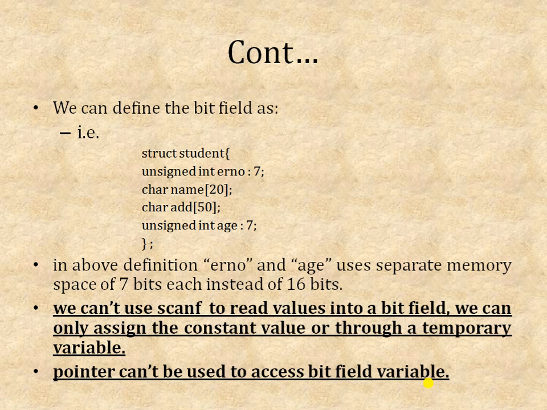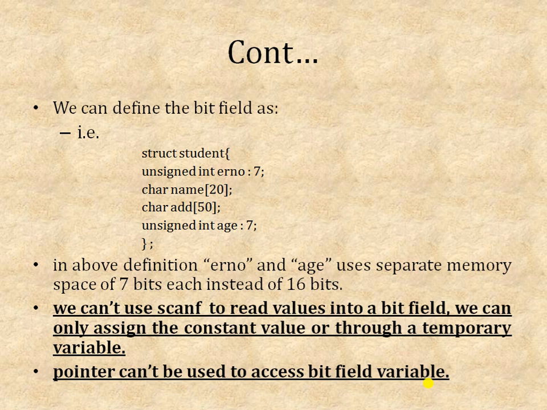Similarly, char name 20, char address 50, unsigned int age 7. As I told you earlier, over here we are considering the maximum age as 100, and to store the maximum value 100 in a variable we require only 7 bits.